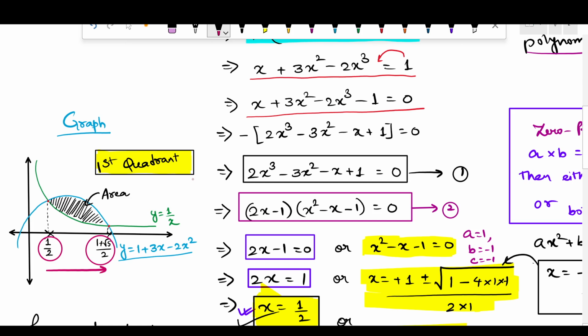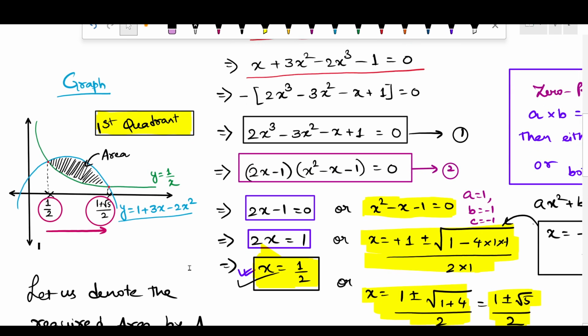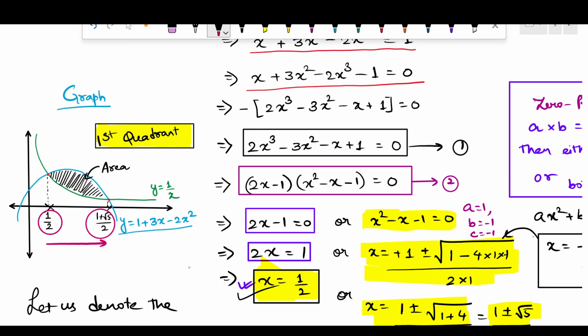Right? x goes from this point to this point. And we know the formula of area is the upper curve, which is this curve, y equals 1 plus 3x minus 2x square, minus the lower curve, which is y equals 1 by x.